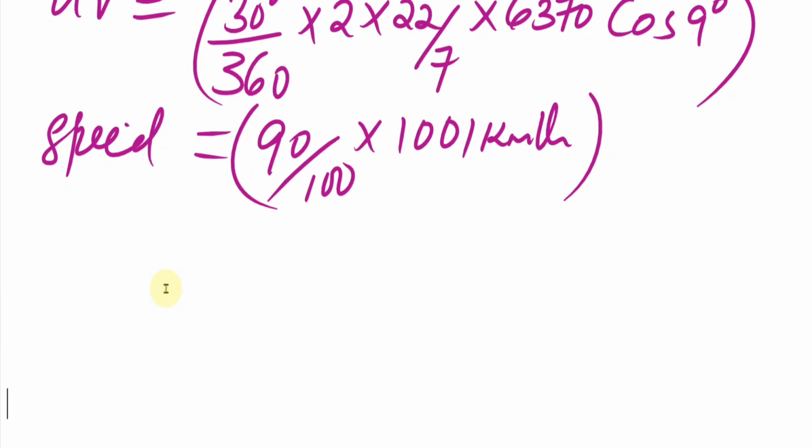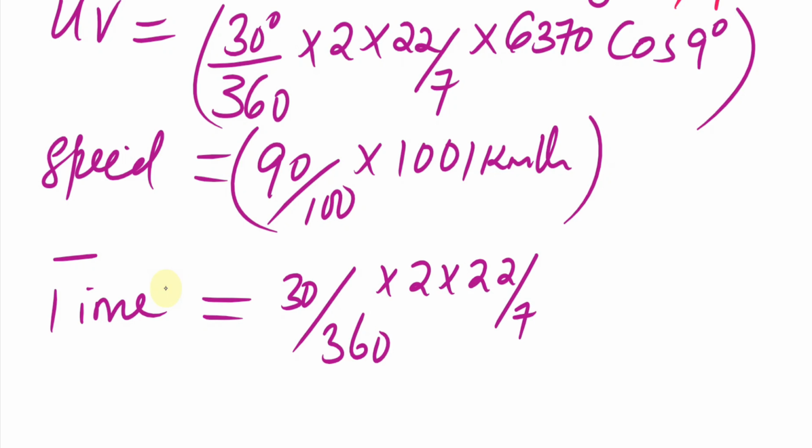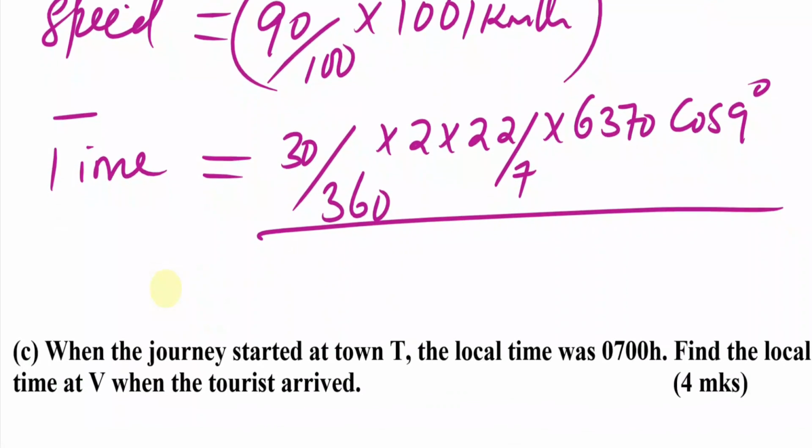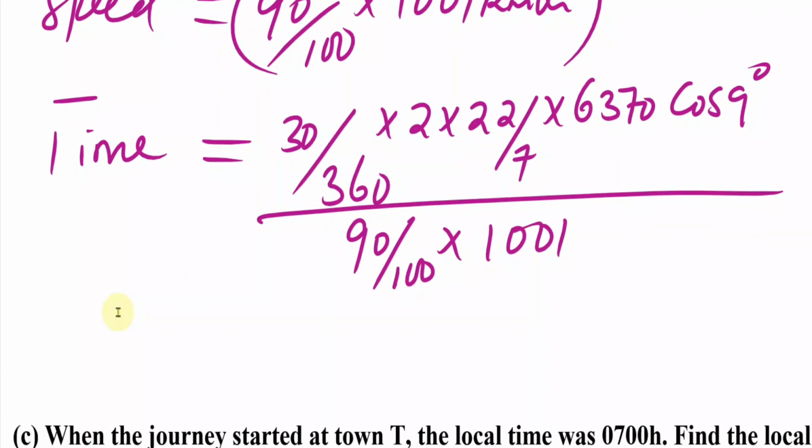Therefore, the time taken by this craft is given by the distance, which you have obtained here, 30 over 360 multiplied by 2 multiplied by 22 over 7 times 6370 cosine of 9 degrees, everything divided by the speed, which is 90 over 100 times 1001. So the whole of that will give the time.